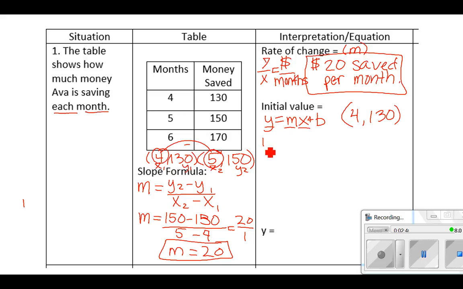So I would have 130 equals, the m is 20, the x is 4, plus b. Then we would solve for b. We have a one-step equation.